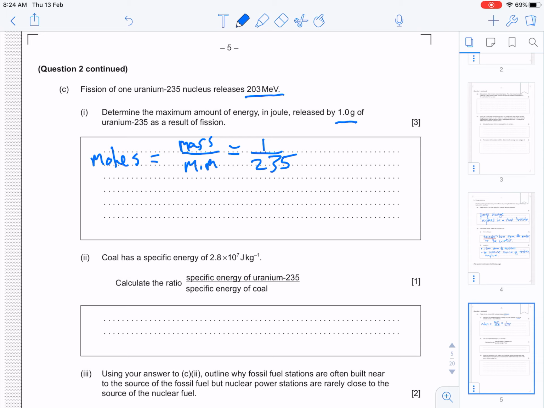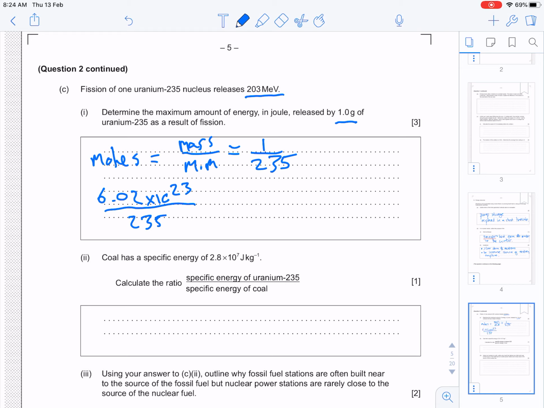Remembering that for this equation, this is the one time we work in grams and not in kilograms. So we have 1/235 of a mole, and we know that 1 mole has 6.02 times 10 to the 23 nuclei. That's Avogadro's constant. So we can say that here we have 6.02 times 10 to the 23 divided by 235 gives us the number of nuclei we have.